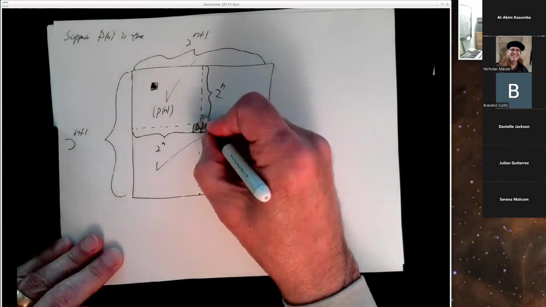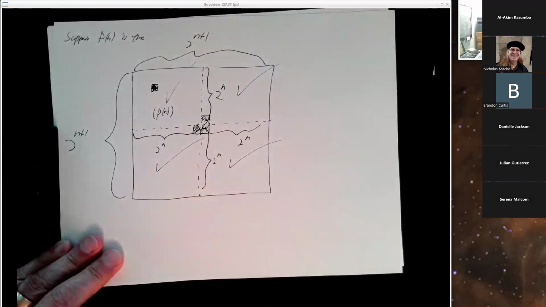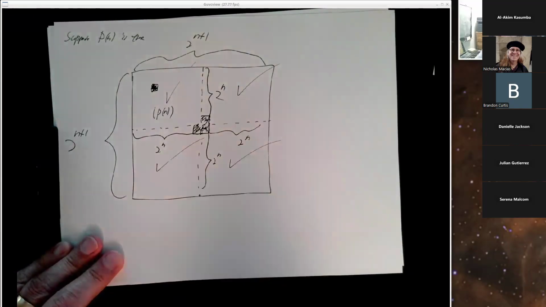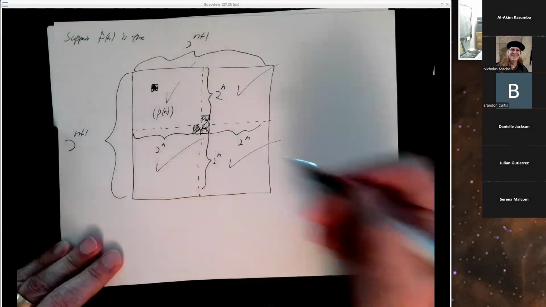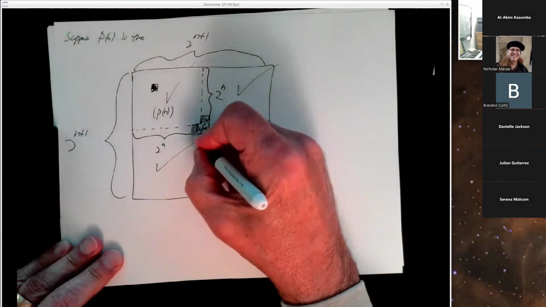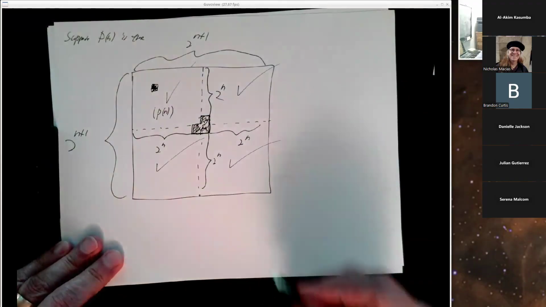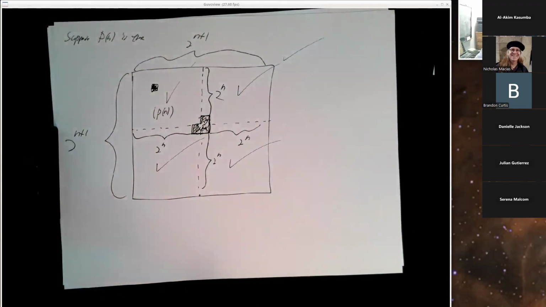And I'm going to take out a corner right here, and P of n tells me I can tile the rest of this. So I've tiled my entire room except for these three pieces that I removed. Well, those three pieces are in the exact shape of one of our L-shaped tiles. So I pop one more tile down here, and I've done the entire room.